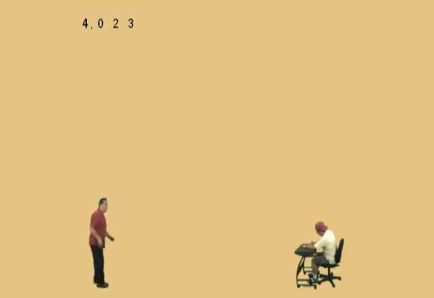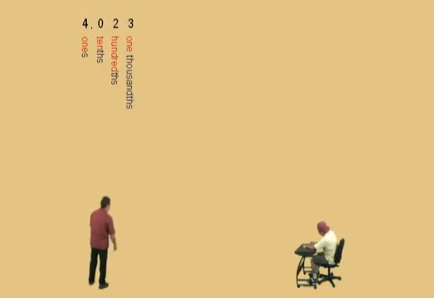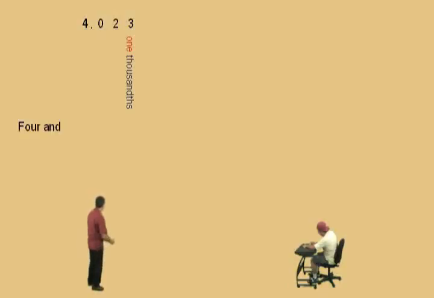4.023, Charlie. This is actually a mixed number. It's a whole number with a decimal. So let's define our place values. The 4 is in the ones, and then we have the tenths, hundredths, 1,000ths. And so notice that 3 is in the 1,000ths, Charlie. But first, we have a whole number that's a 4. So we'll put that down, 4.